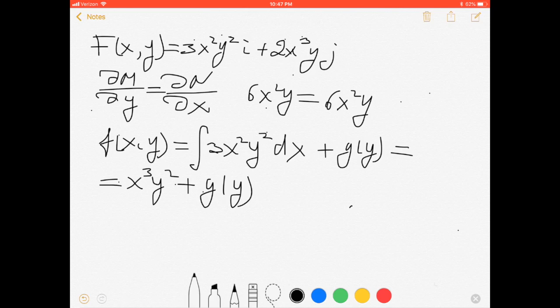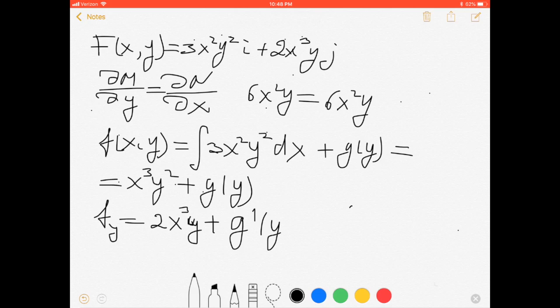Now, because the gradient needs to equal the vector field, we take the partial derivative with respect to y. What is it? It will be 2x cubed y plus, because the second term depends only on y, g prime of y, and this is equal to function N, 2x cubed y.